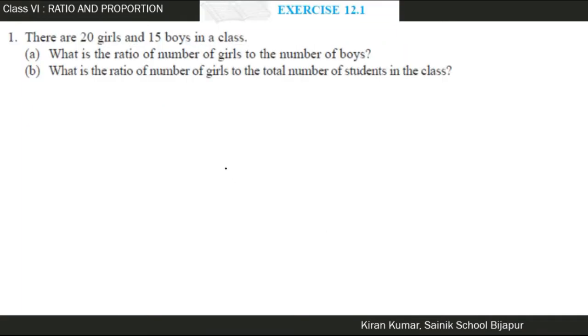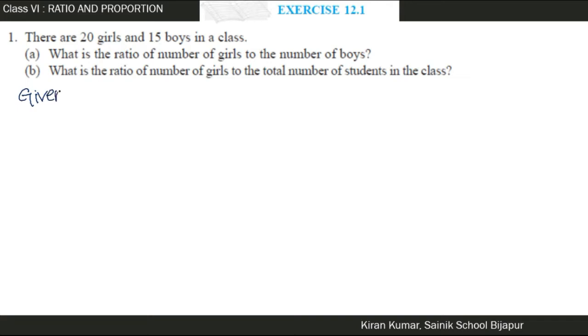Question: there are 20 girls and 15 boys in a class. What is the ratio of the number of girls to the number of boys? What is the ratio of the number of girls to the total number of students in the class? First, let me write down the given things here.